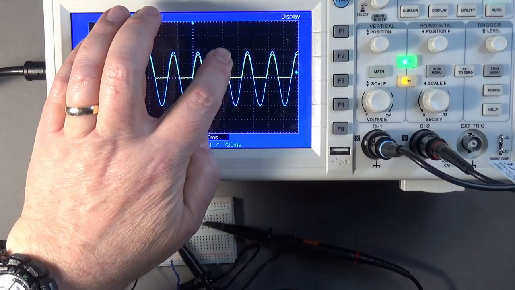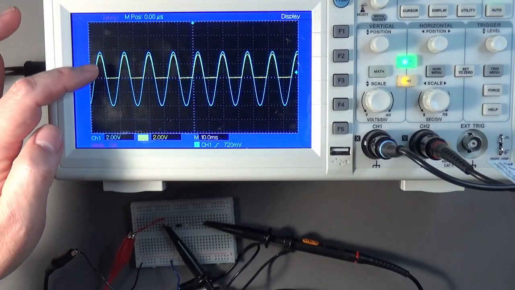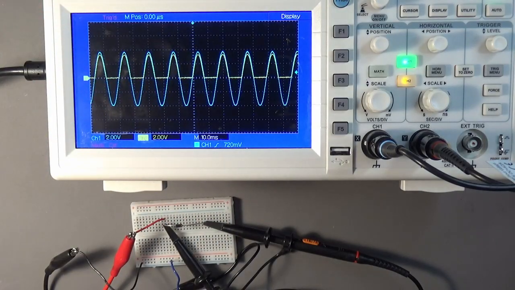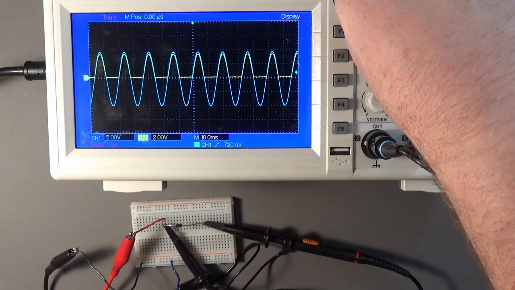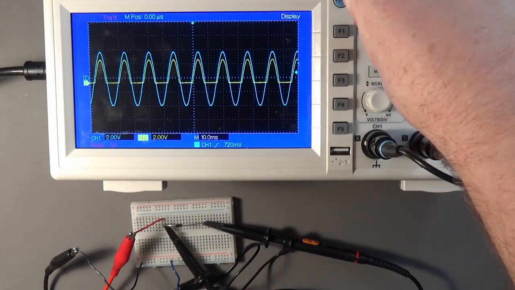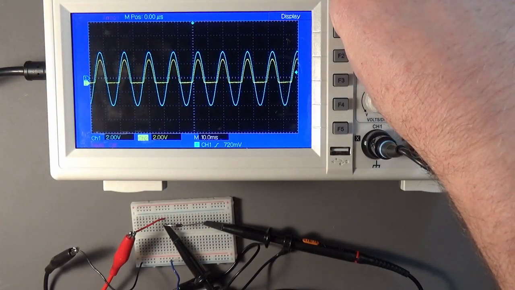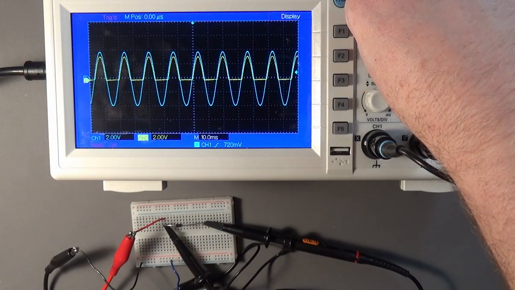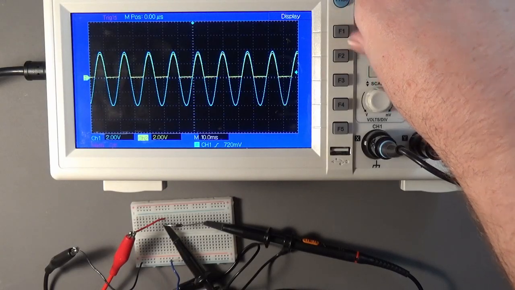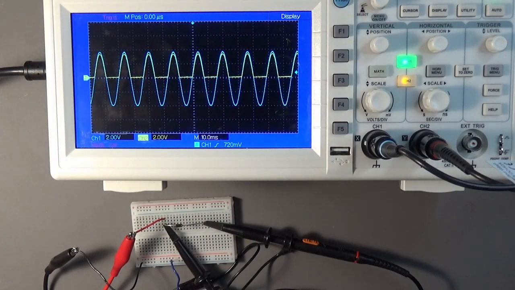I mean, it's a varying DC signal, but it's DC. The current is only going in one direction. I can move one of these a little bit so we can see that a little better. So we can see our second channel only going up and not going down below ground. So that's one of the things that we can use diodes for, is to take AC electricity and turn it into DC electricity.